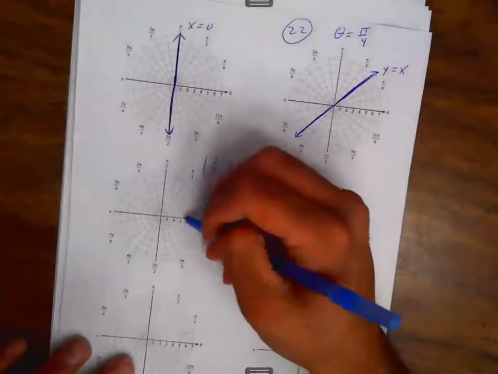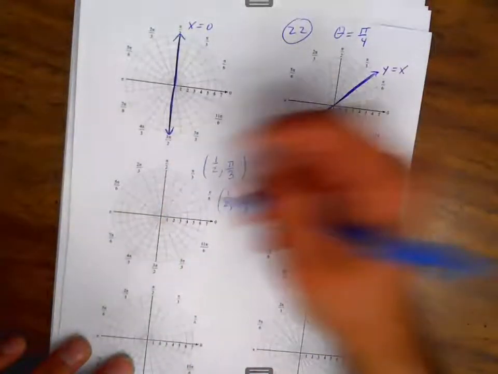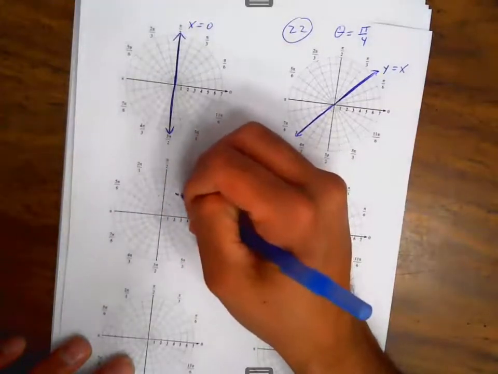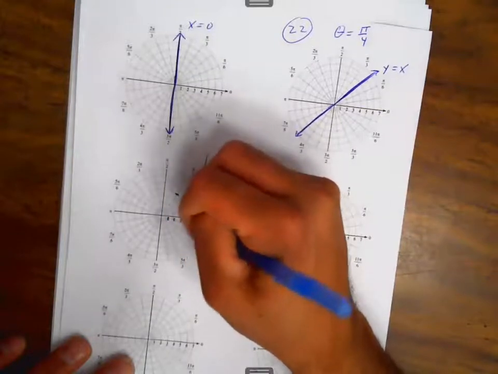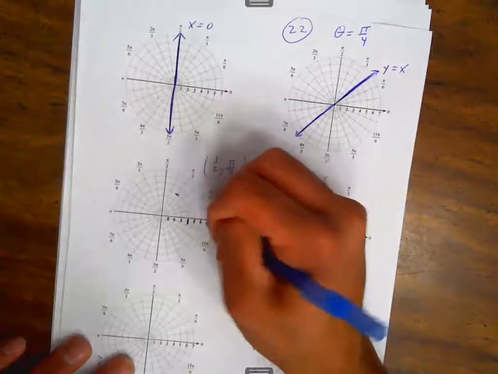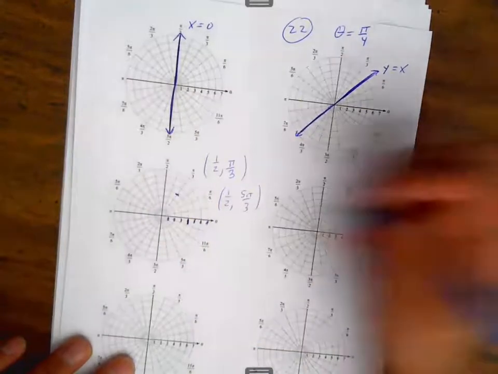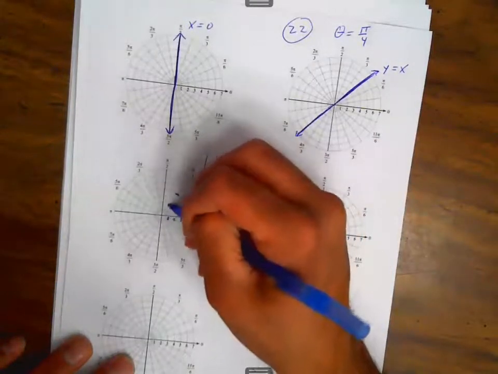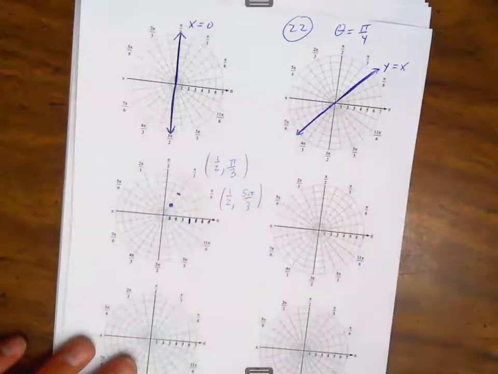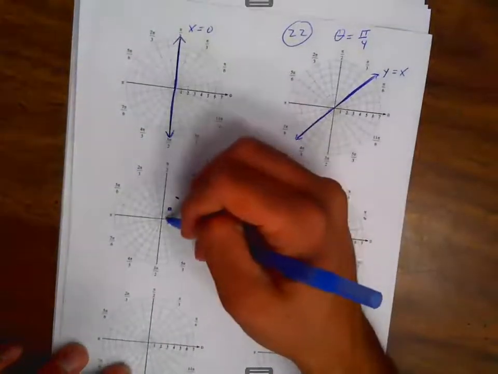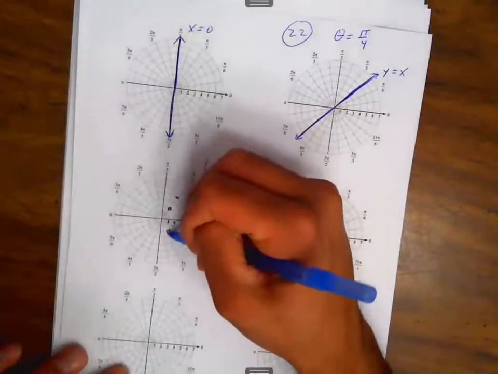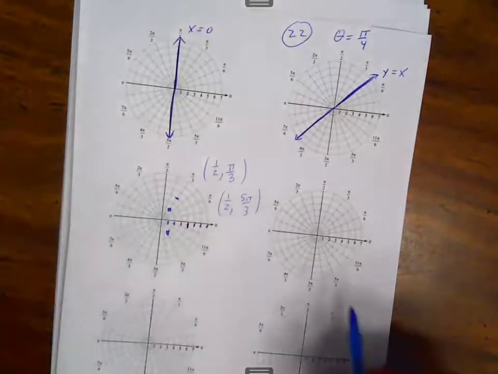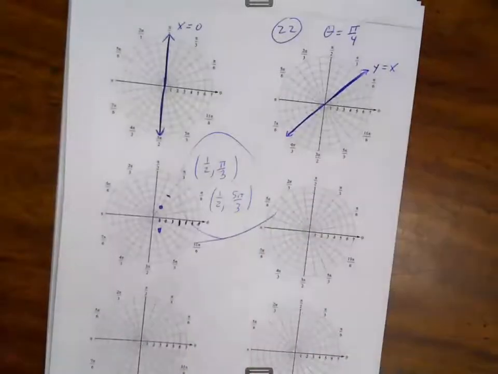Let's assume that 1, 2, 3, 4 boxes is 1, so every 4 boxes is 1 on the radius. So (1/2, pi over 3) would be: rotate pi over 3 and then go out 1/2. That would be right there, in the positive direction. And (1/2, 5 pi over 3) would be: rotate 5 pi over 3 and go out 1/2. So these are different points. We're going to express both of them as answers. Both of these points work.